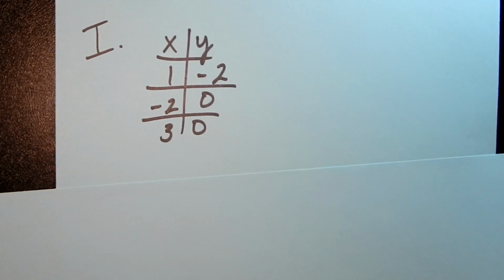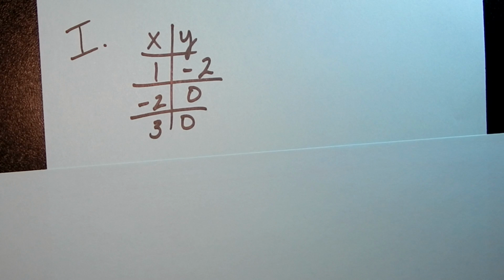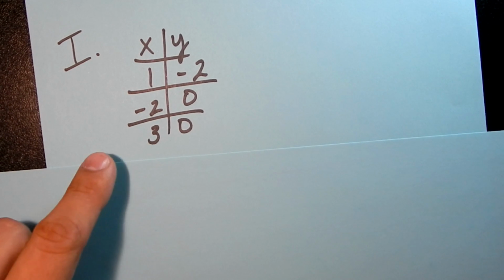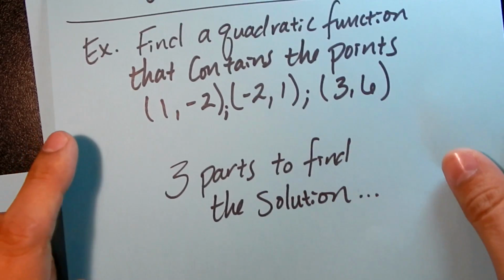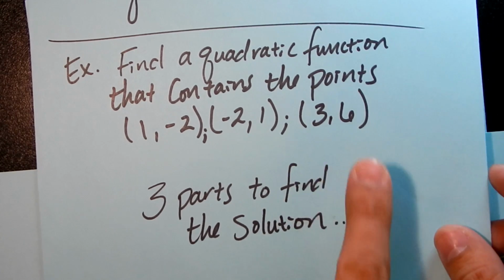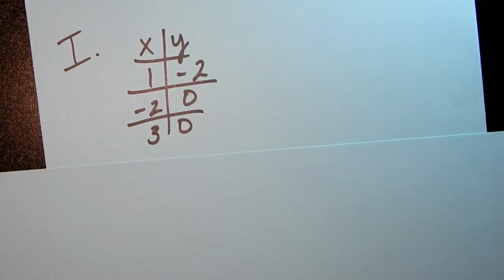Anyways, the way that Lagrange interpolation works is it takes 3 polynomials with specific solutions, and it smashes them all together, and it creates a quadratic function. So the way that we make that work is, if you'll remember, the 3 points that we had, 1, -2, -2, comma 1, and 3, comma 6, we're going to break these apart in 3 different ways.